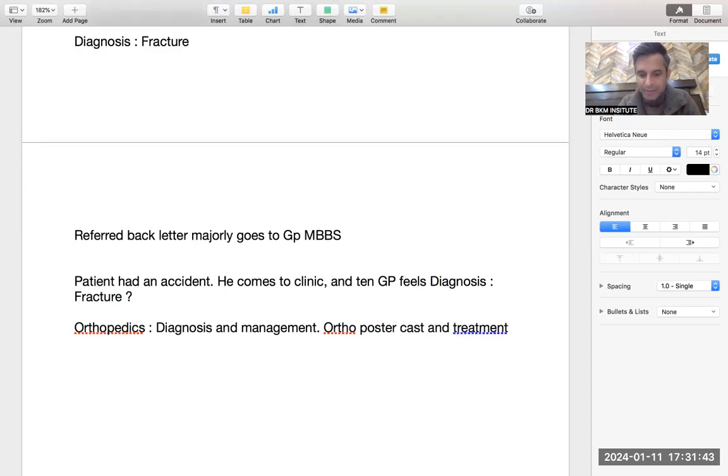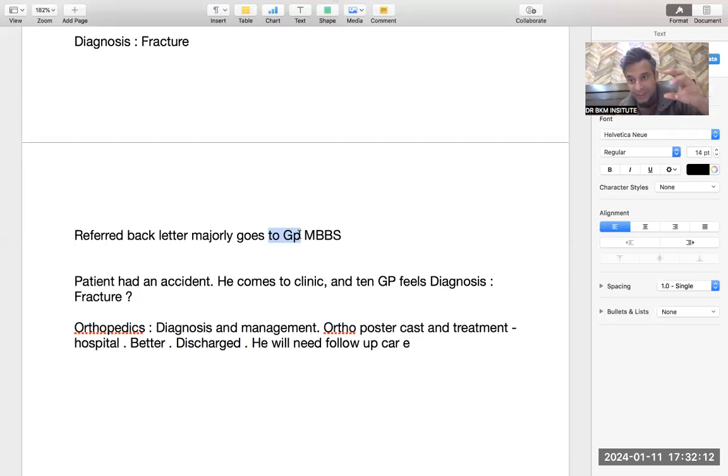And that obviously happens in the hospital, so hospitalization also occurs. Then what will happen to the patient? He will become better. When the patient has become better, then he would be discharged from the hospital. Now after the discharge, he will need follow-up care. And who will provide the follow-up care? Again, the GP.